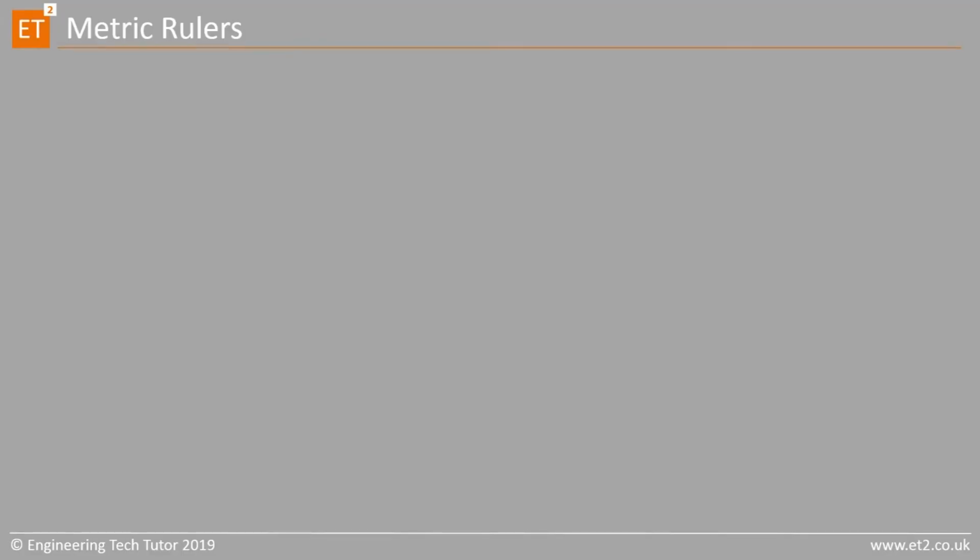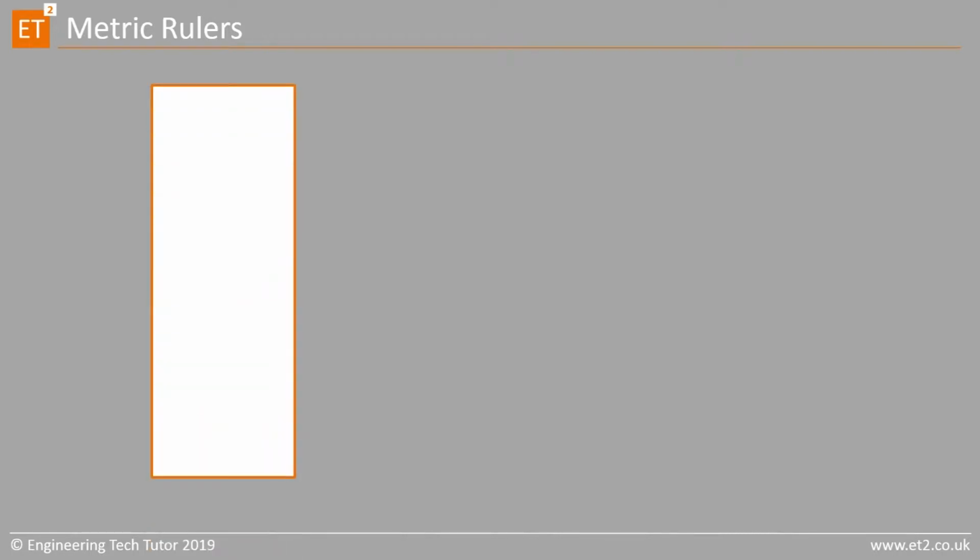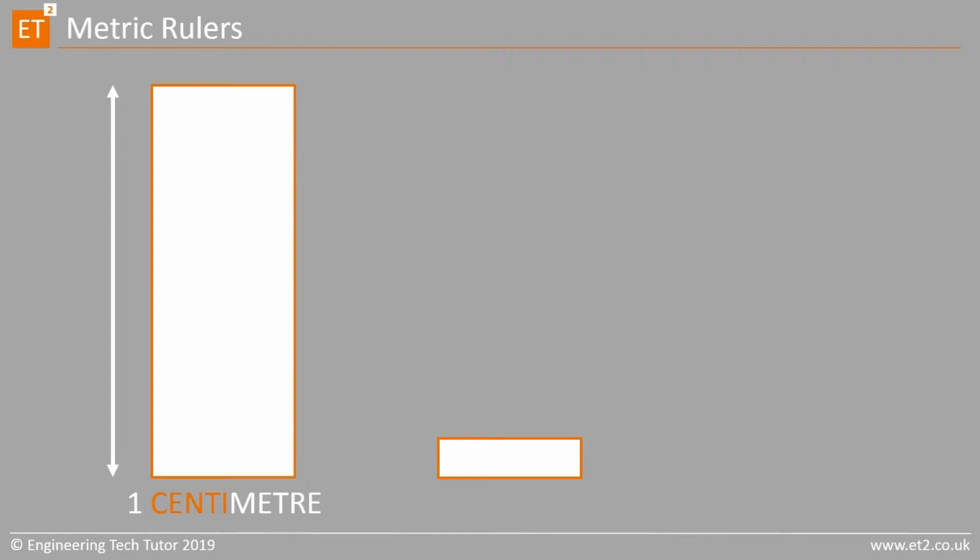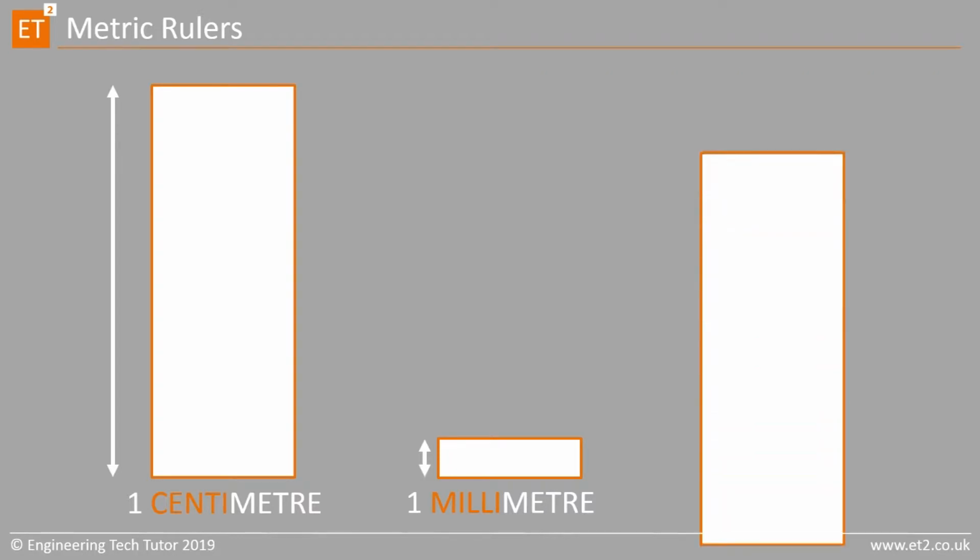Okay, so what is a millimetre? Well, let's go back first of all to the centimetre. Now, this is 1 centimetre, and this is 1 millimetre. As you can see, a millimetre is quite a lot smaller than a centimetre. But how many millimetres will fit into a centimetre?